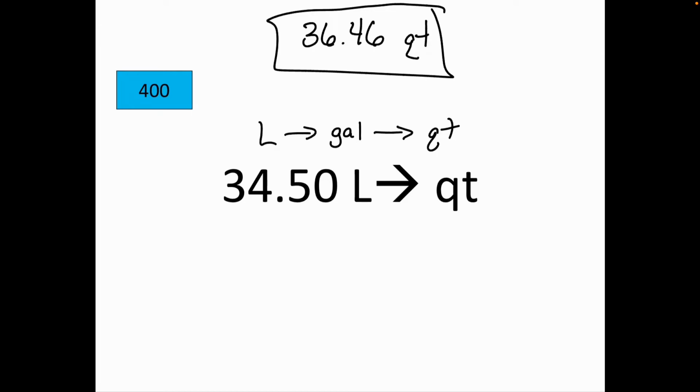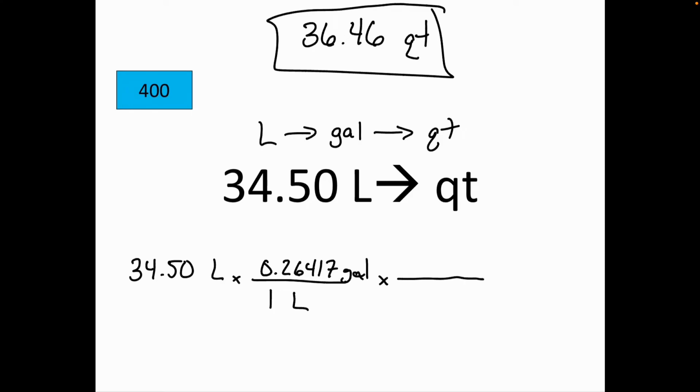So I'm going to start with my 34.50 liters. I'm going to use the fact that 1 liter is 0.26417 gallons. So if I stopped there, I'd have converted to gallons, but I'm going to do one more step using the fact that 1 gallon is 4 quarts.